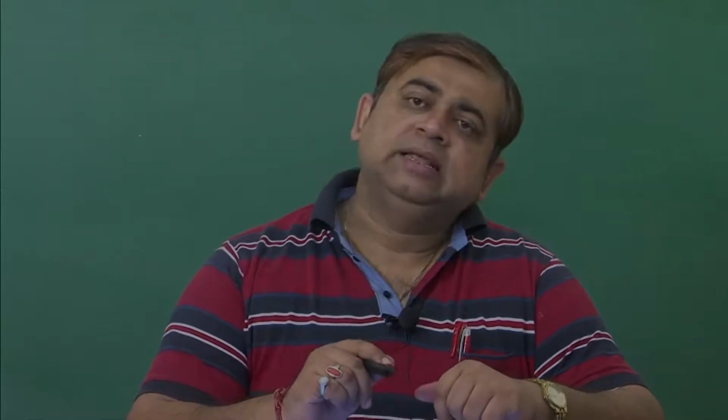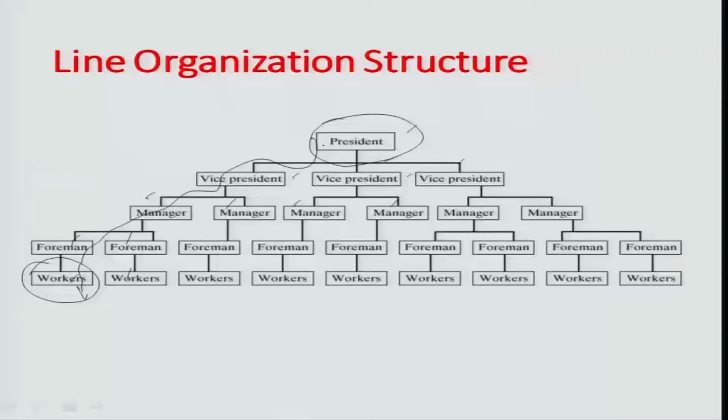While the vertical information flow is more on a reporting mode, the lateral information flow could be more on a peer flow, I mean a flow of information between the peers, etc. So, this is how a line organization structure would be.